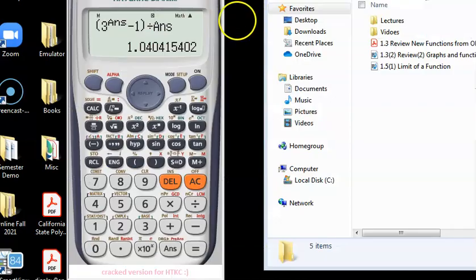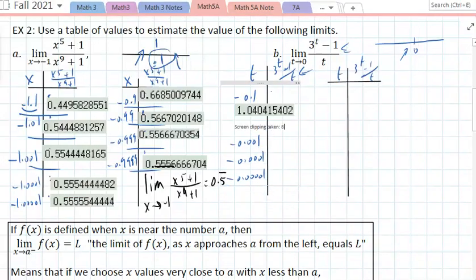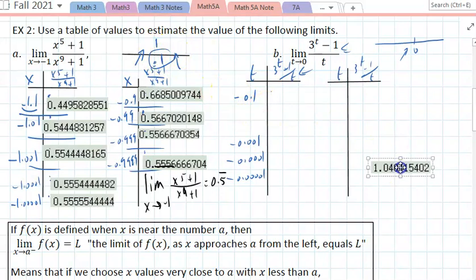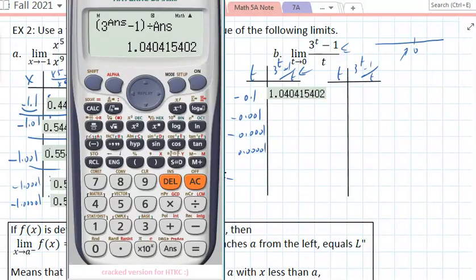There's my answer. How about negative 0.001?